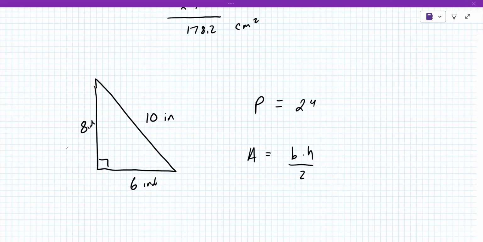So 8 times 6 divided by 2 is 24. Yes. Okay. What are the units of area? 24 inches squared. Yes, yes, yes. Okay. All right.